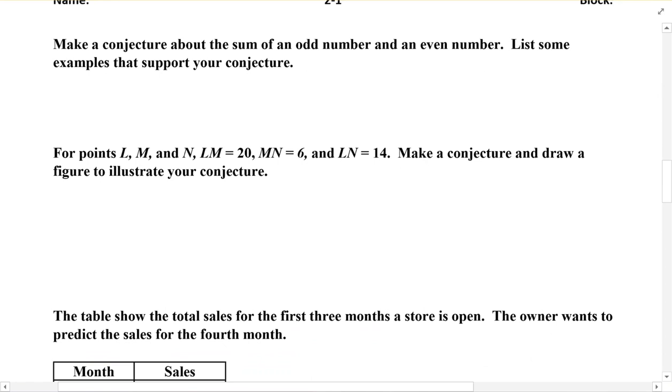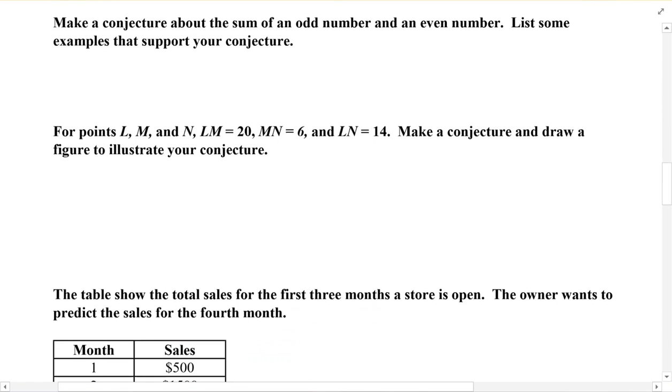Make a conjecture about the sum of an odd number and an even number. List some examples that support your conjecture. So I want to know, what does an odd plus an even give me? Is it an odd or an even number? If I do 1 plus 2, that will give me 3, which is an odd number.